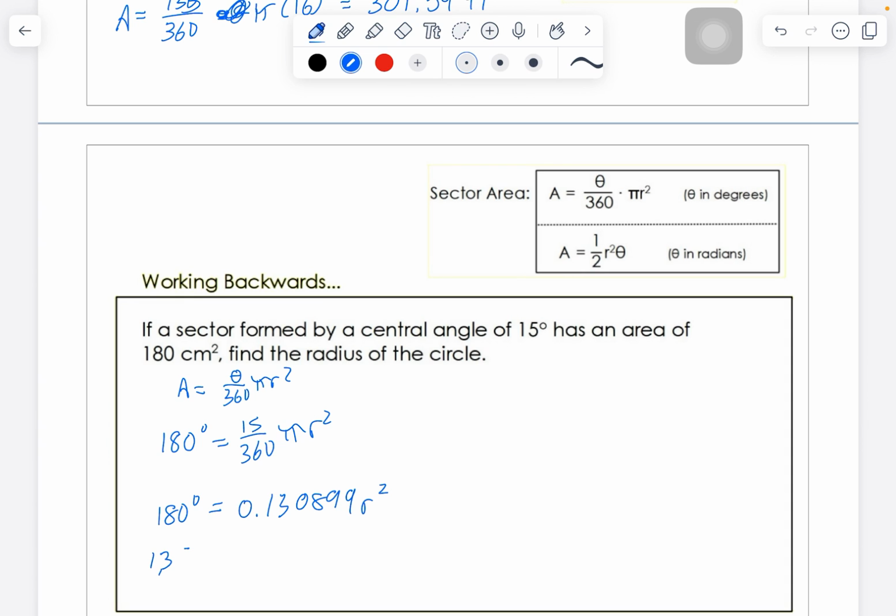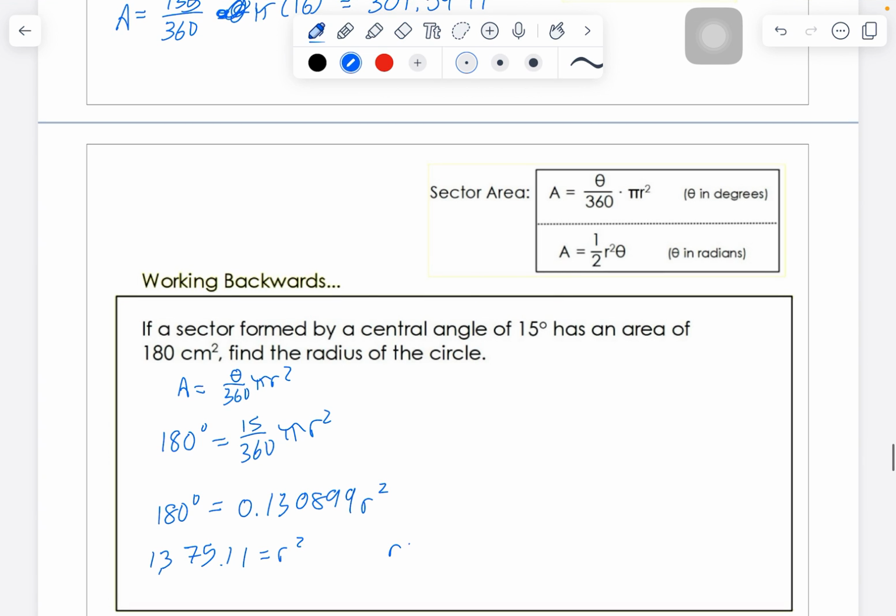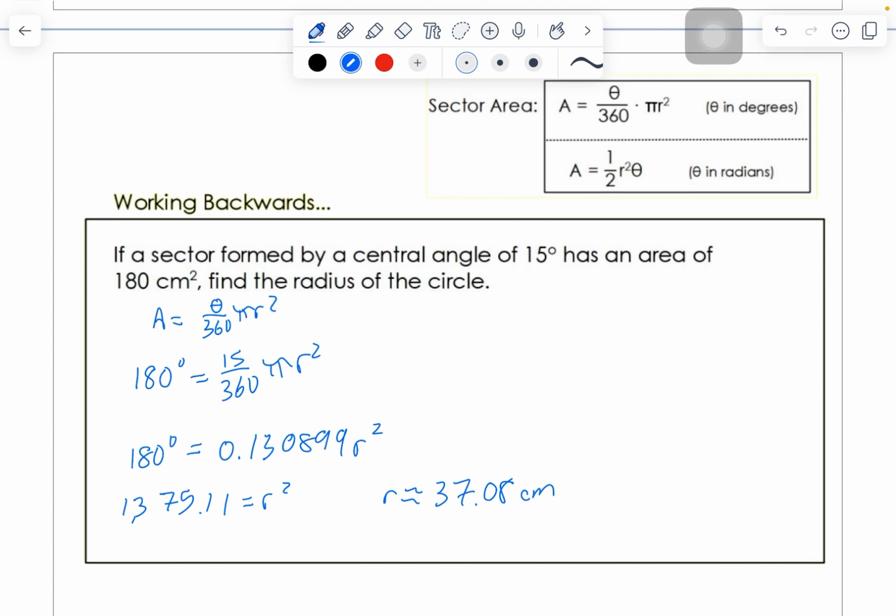And now to get rid of the square, I'll take the square root of that number, and get a radius of approximately 37.08. We were in centimeters squared, so now it's just going to be centimeters because we're talking about that linear radius. There you go.